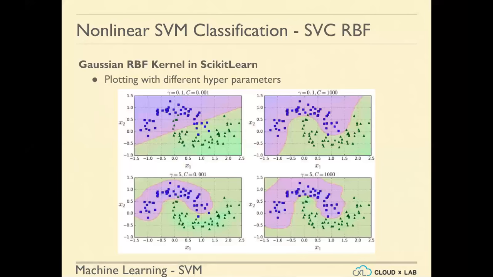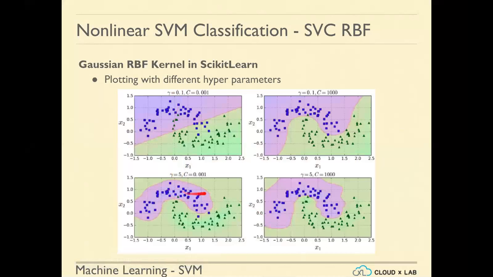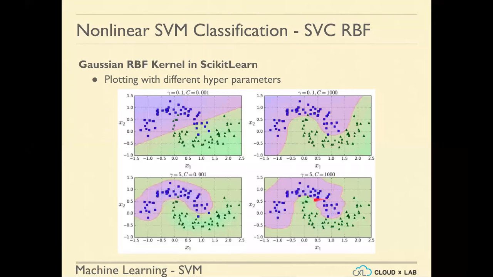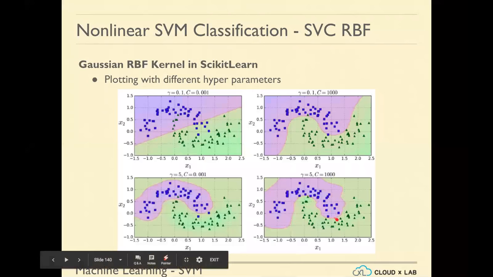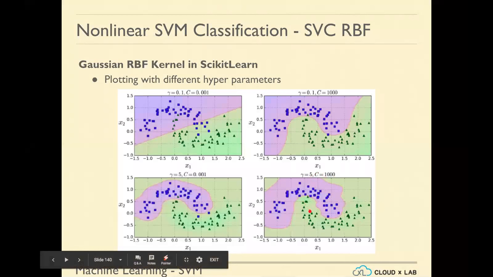Okay, so you can see that just by increasing gamma, we are able to separate the data, while the C remains same. Further, we are adding C equals 1000, and hence the distance will be higher, and so on. The tolerance will be lower. If you have C as higher, the tolerance will be lower.